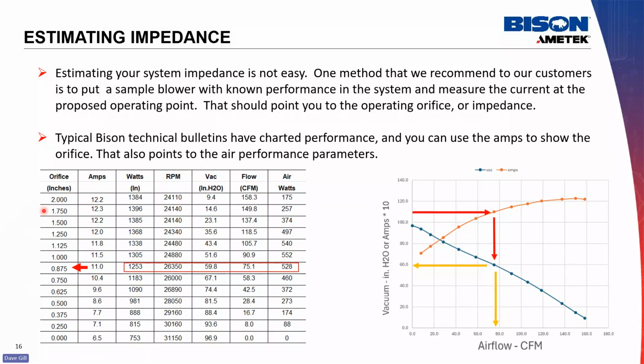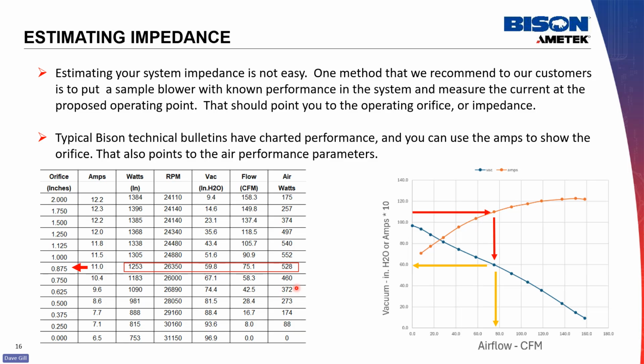So here are the orifice diameters, which are the different impedances, and then here are the aerodynamic performance parameters. Now, if you can measure the input current at the approximate operating point and look it up on the data table in the bulletin, that points to the operating orifice, and it tells you what the aerodynamic performance parameters are.